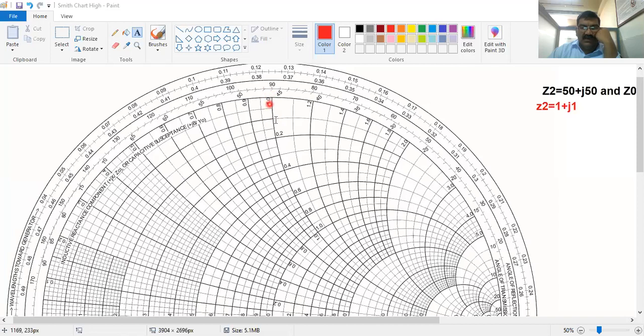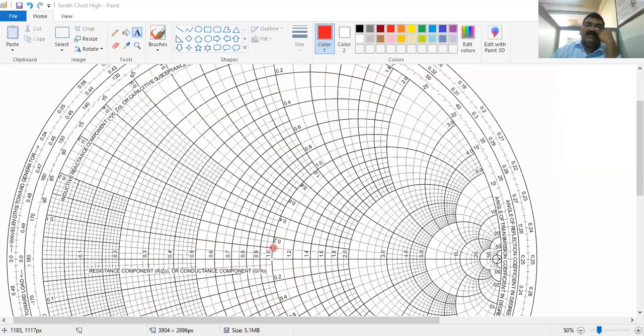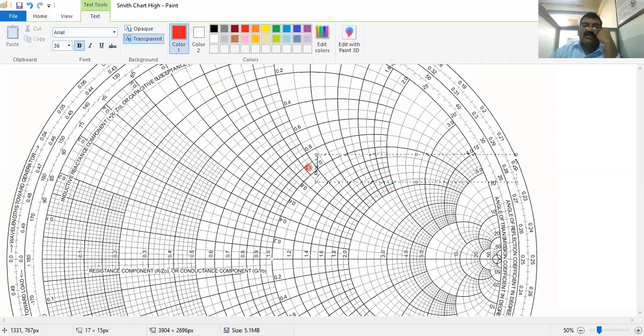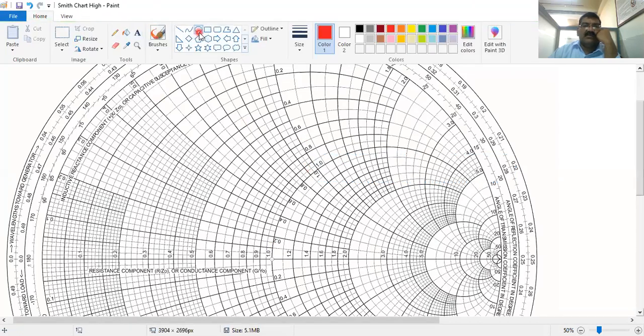This is the one imaginary, and this line is the one real. So 1 plus j1, this is the point I got. I'll name this as Z2.